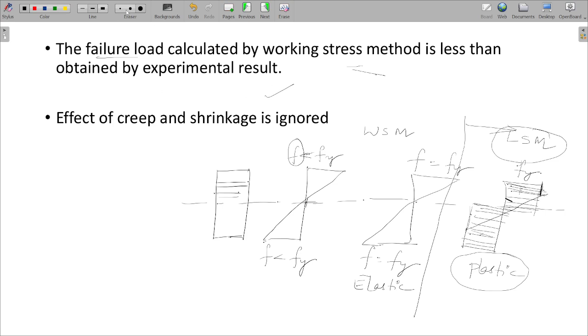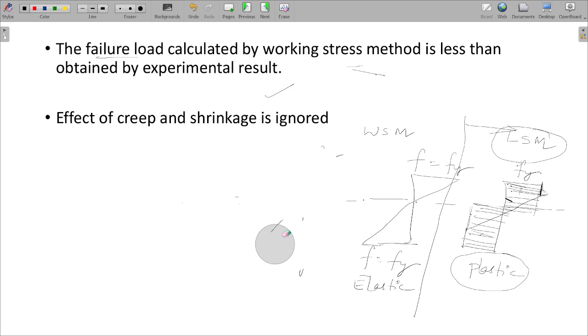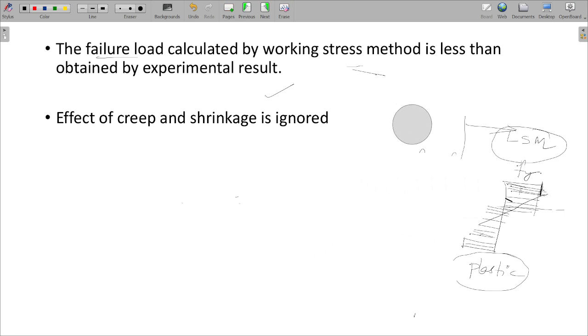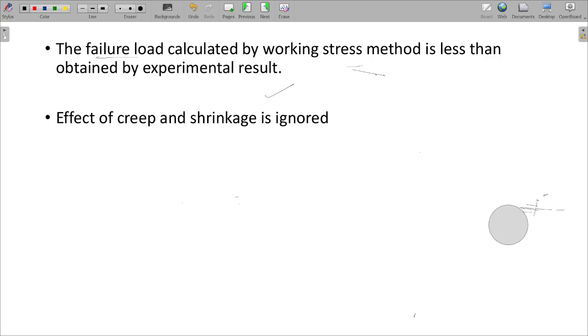And one more important thing is that in the working stress method, only this load calculation is considered at the time of construction, and it completely ignores the function of the building in service conditions.